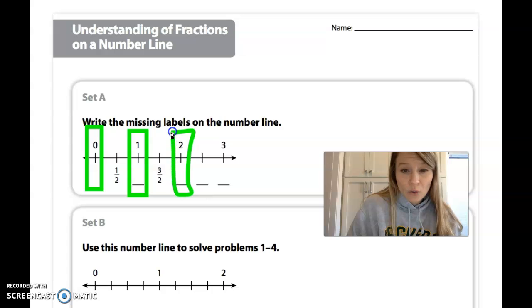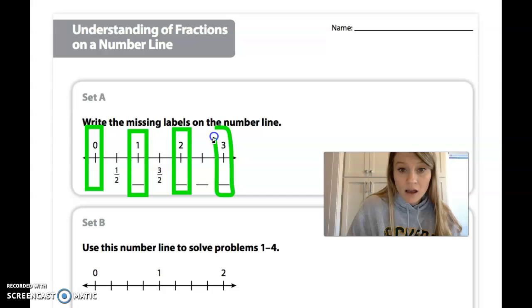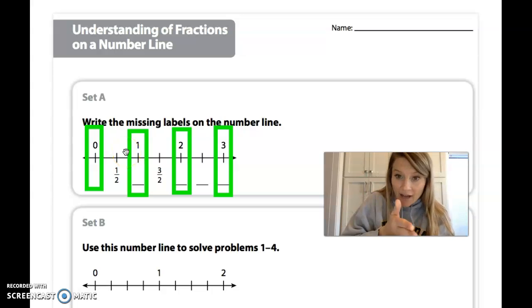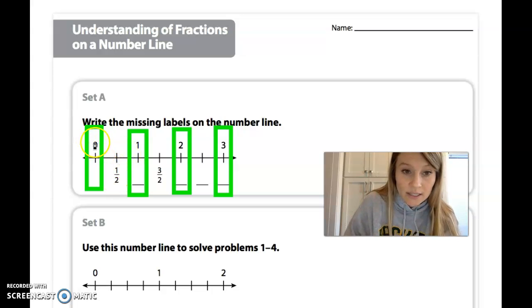Boxing your whole numbers. Because remember, fractions are pieces of the whole. So I can see that each whole is cut in half. And look, they gave you the first answer, 0. So this would be 0/2, 1/2.